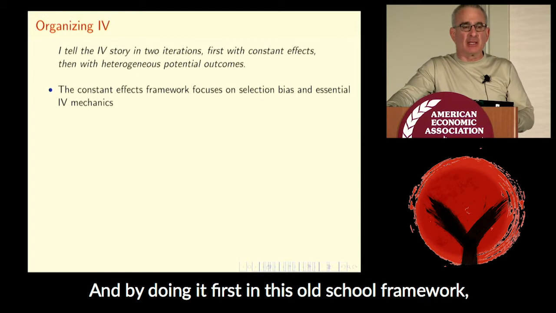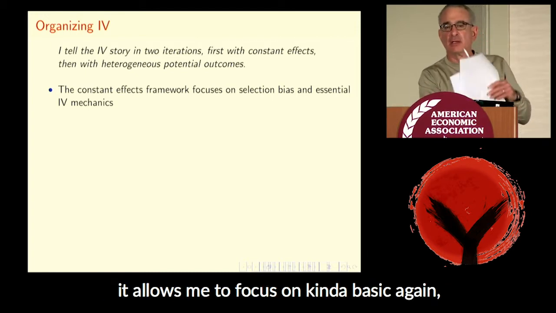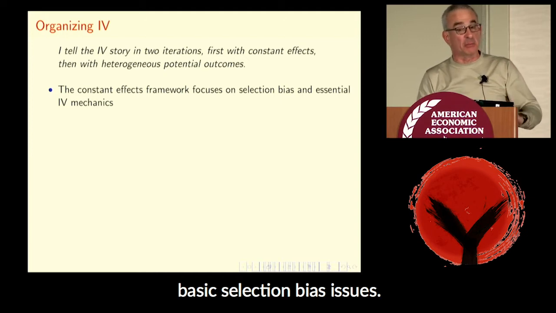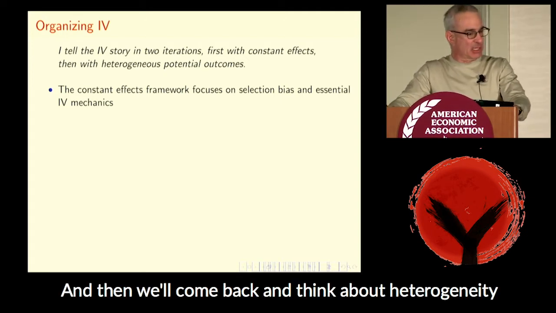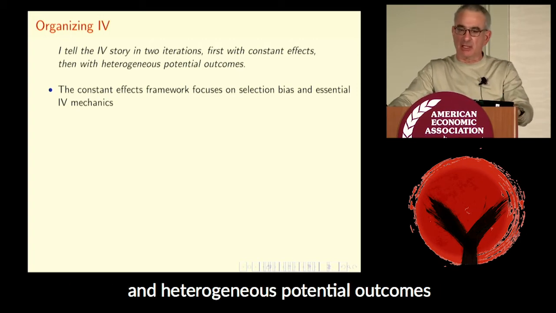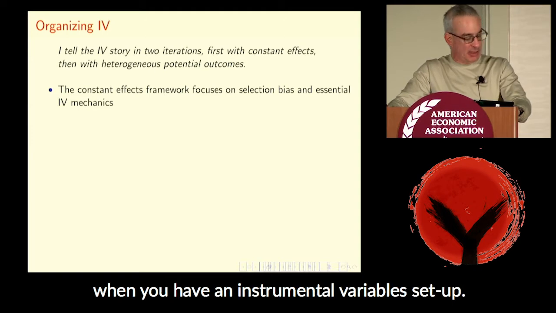And by doing it first in this old school framework, it allows me to focus on kind of basic selection bias issues. And then we'll come back and think about heterogeneity and heterogeneous potential outcomes and what sort of treatment effect you actually get when you have an instrumental variables set up.